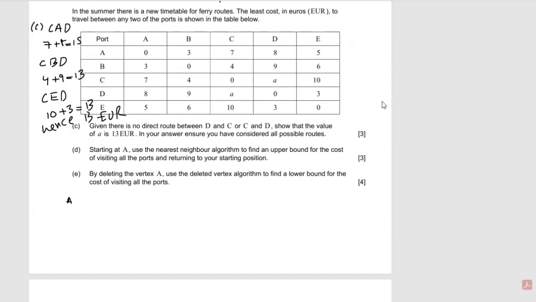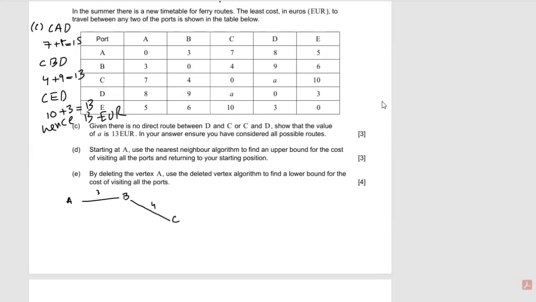So A to B is a 3, okay? And then B to C is a 7. Oh, that's a 4. My bad. Sorry, B to C is a 4. I mean, it doesn't matter.